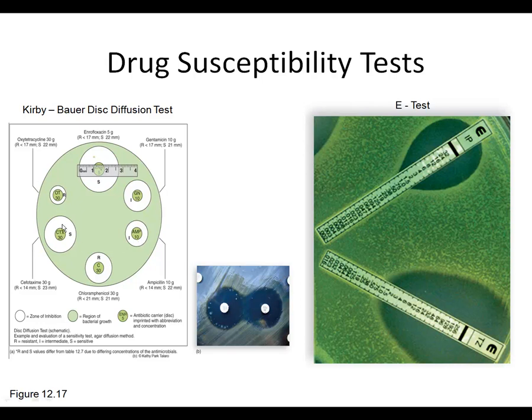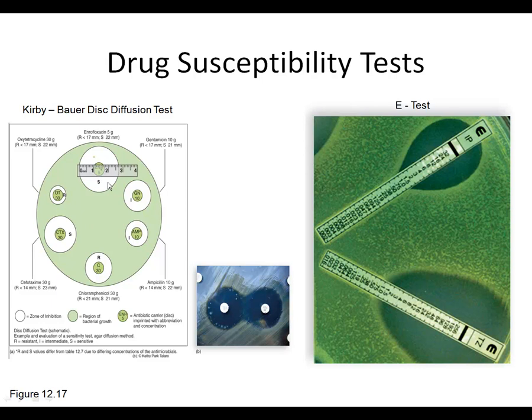Any of these that have an R on them, they are resistant. If you look here, you'll see that this zone of inhibition is bigger than this zone of inhibition. This one right here that has the C30, the chloramphenicol 30, it is fully resistant to whatever this organism is. The ampicillin is intermediate right here, and so just because this zone is bigger does not mean that it's a more effective drug.